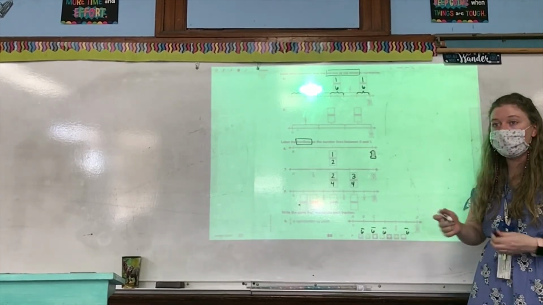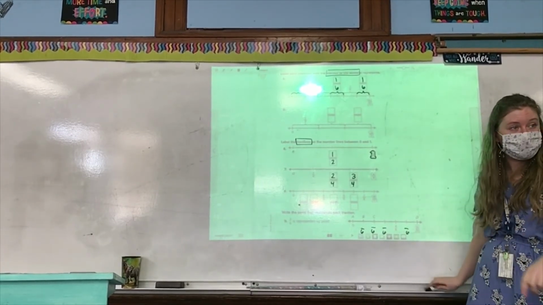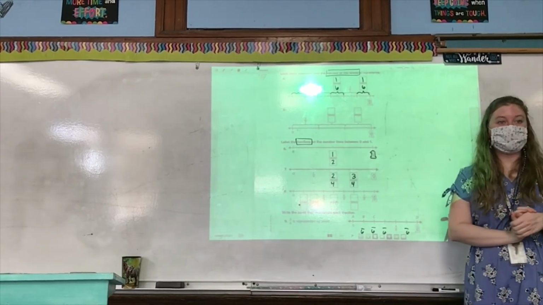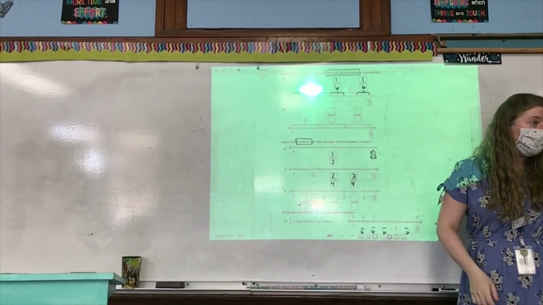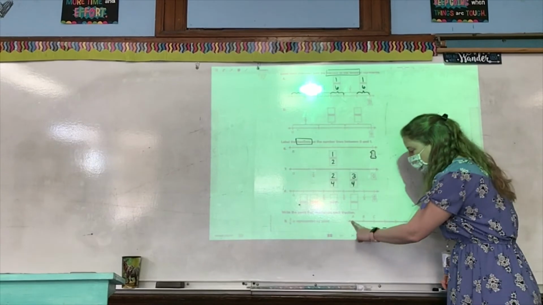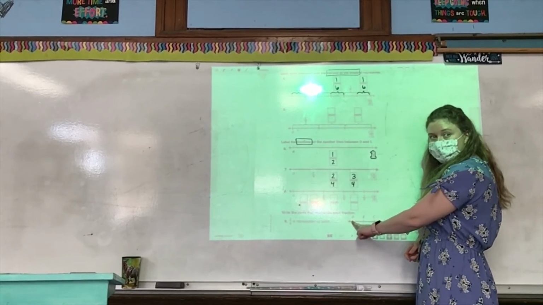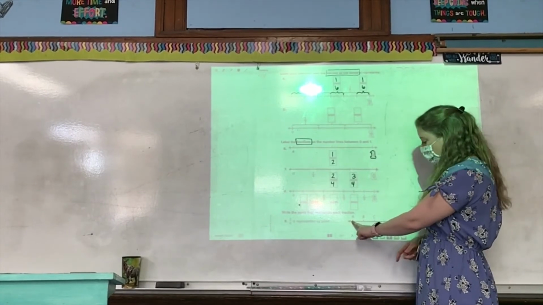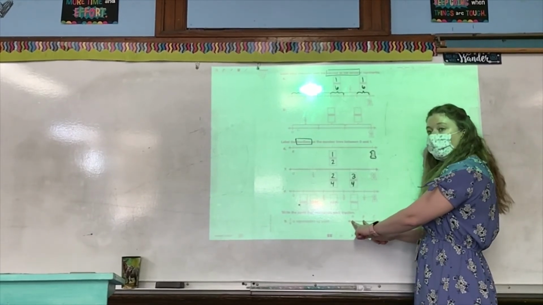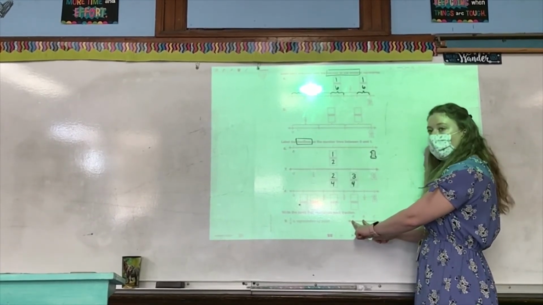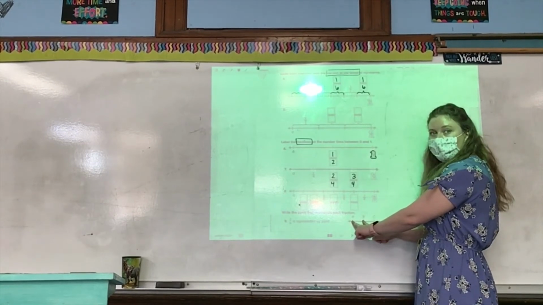Now to get the numerator, we figure out, okay, how far is that tick mark from the 0? So we're going to glue our left finger to the 0 tick mark. And then our right finger is going to move. So right now I'm 1 tick mark away. So I'm at what fraction?